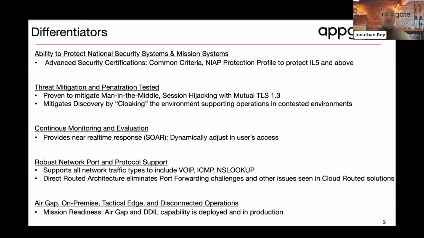I'd say a lot of the competitors out there are using TLS either 1.2 or even just TLS 1.3, but they're not using that mutual piece. The mutual piece means both the client and server side are mutually authenticated, making man-in-the-middle attacks and session hijacking extremely difficult. So that's one of the other pieces when you're looking for how to ensure that your data hasn't been manipulated in flight on the way to its resources.